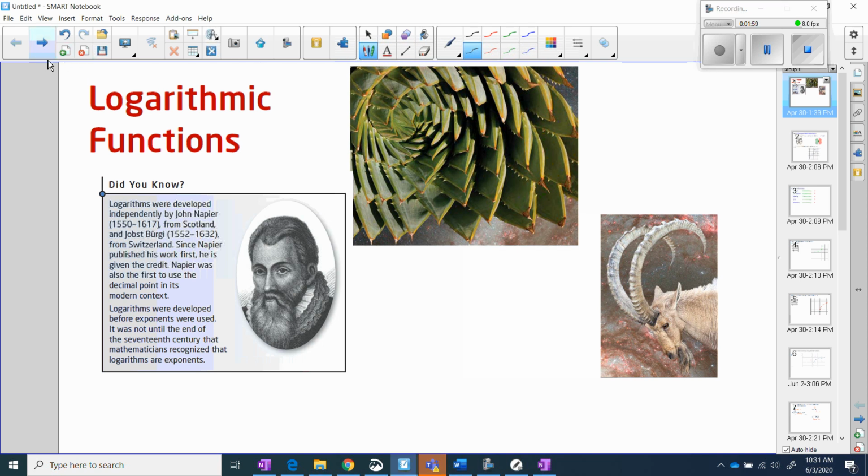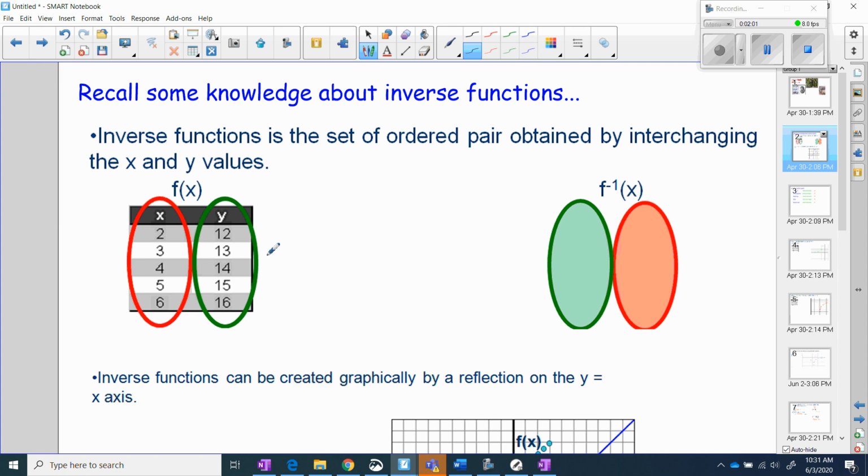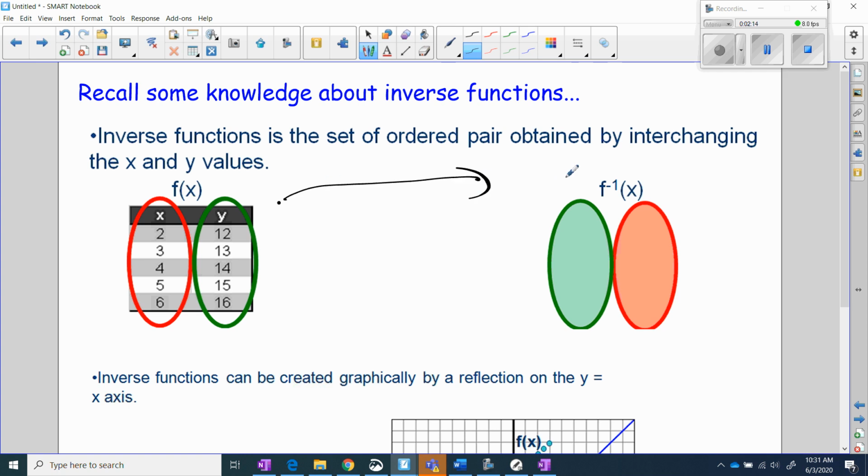Okay, so let's get going and have a look at what logarithms are. We're going to first refresh your memory on inverses. Recall that if you have a set of x values and a set of y values, when you go to the inverse, that's the notation for inverse, basically your x and your y's switch.